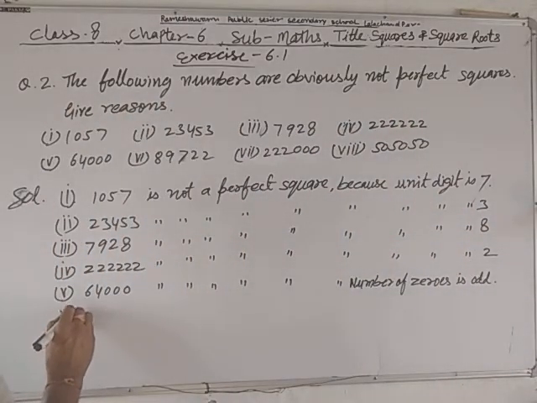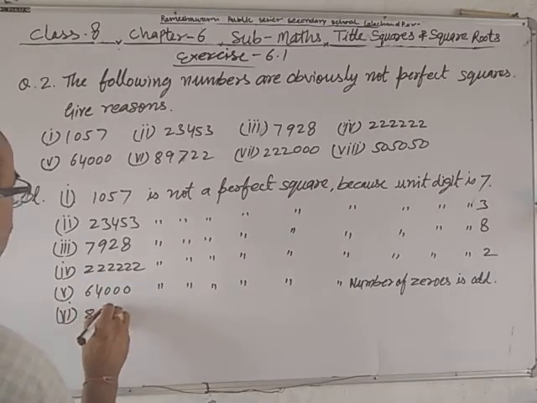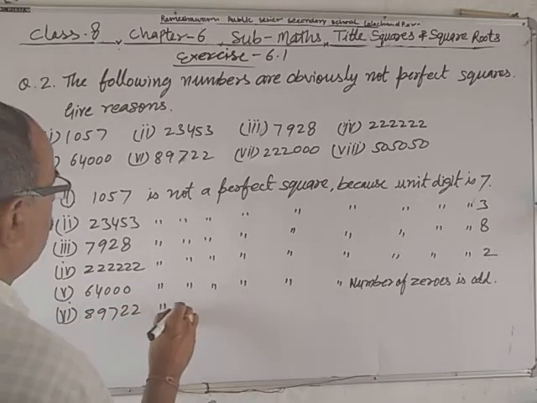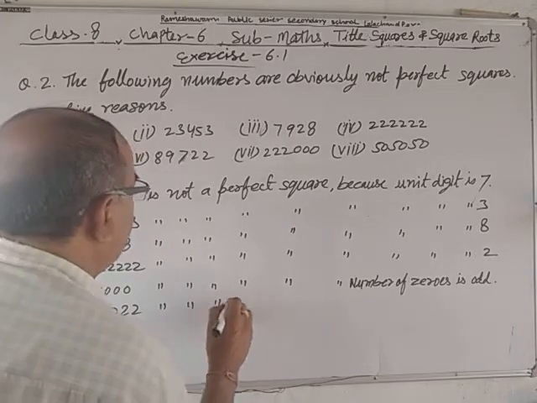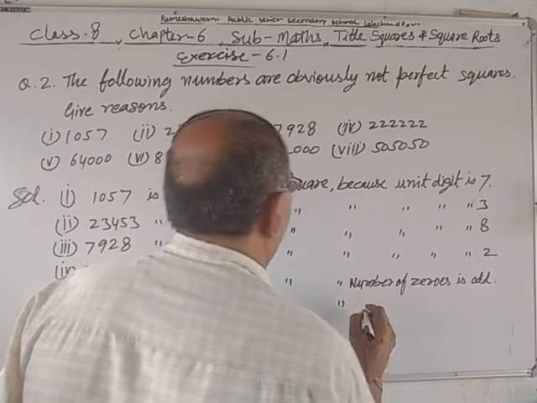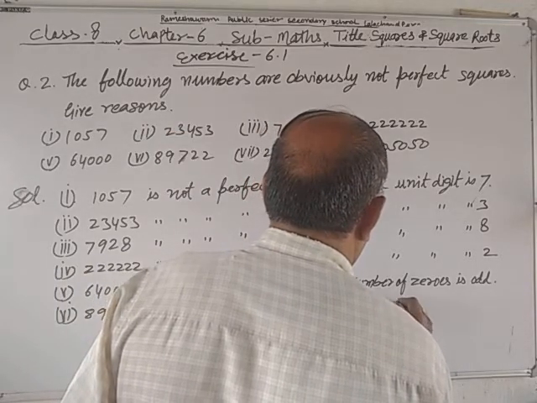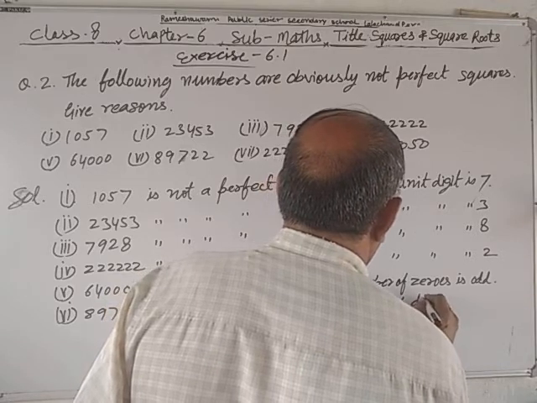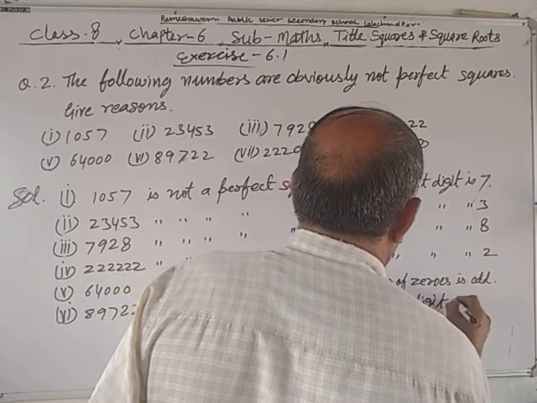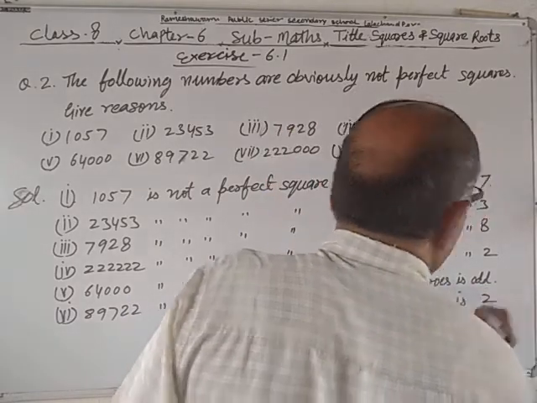Sixth, 89722 is not a perfect square because the unit digit is 2.